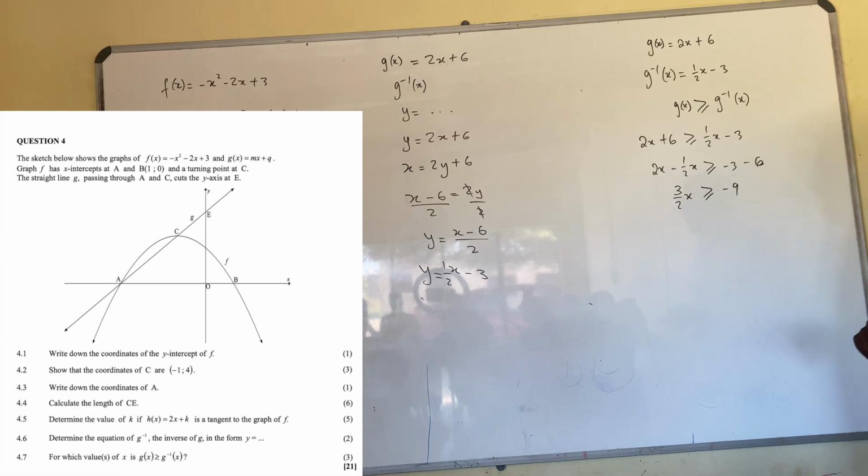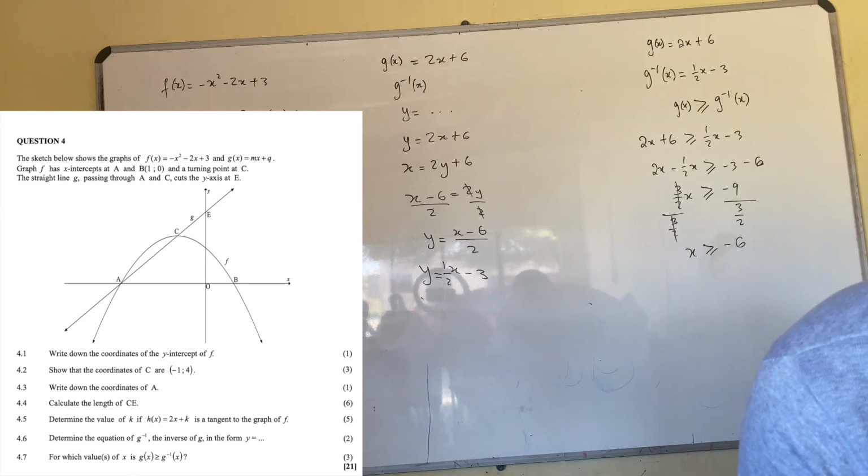And then what's next? Divide both sides by 3 over 2, it cancels out there. So x is greater or equal to negative 6. Those are the values of x.